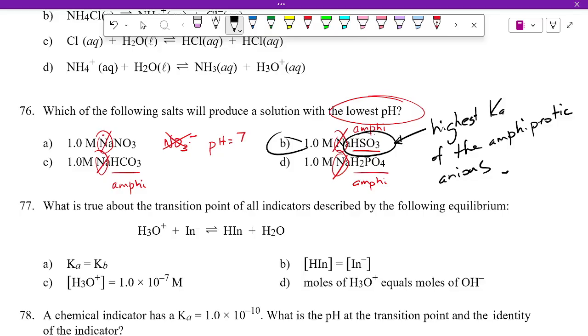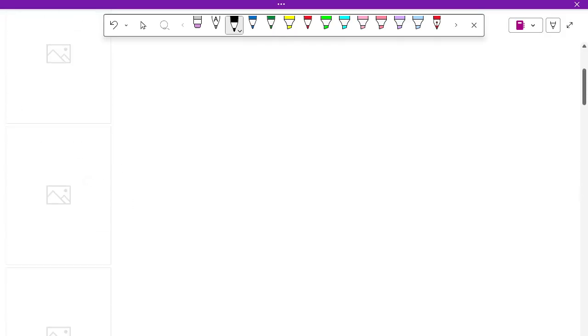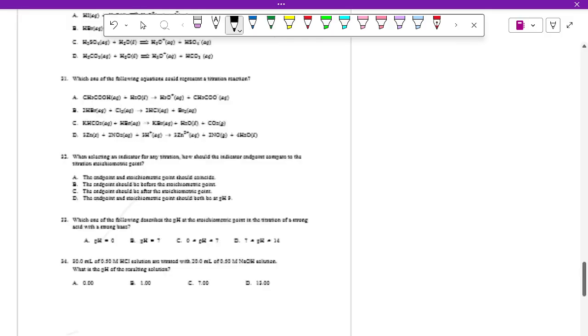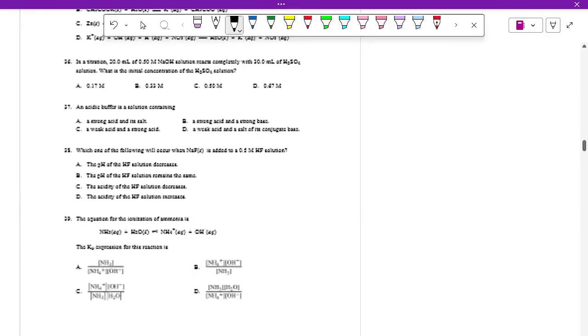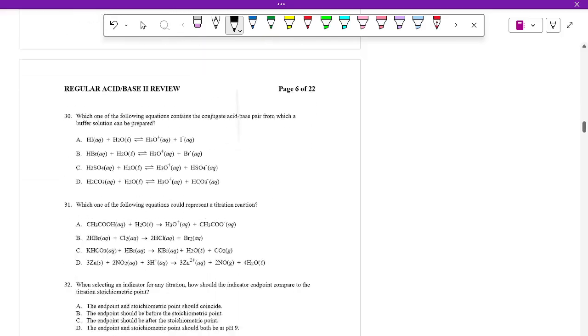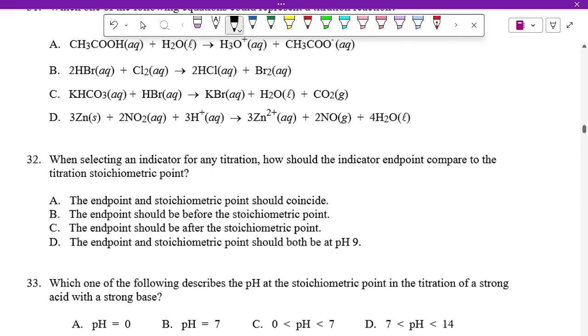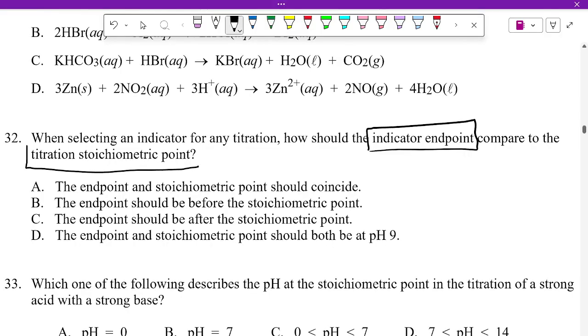Yes. 32. When selecting the indicator for any titration, how should the indicator endpoint compare to the titration stoichiometric point?